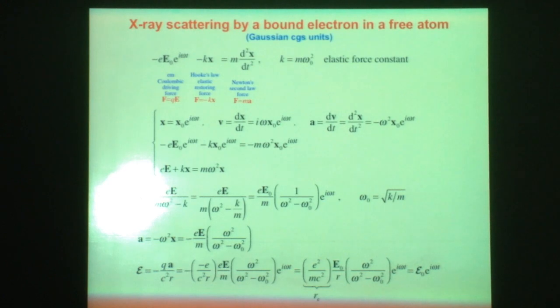So this just elaborates on the scattering by a free electron by introducing the Hooke's law component due to the interaction between the nucleus, or the nucleus as screened by the other electrons, and our electron of interest.